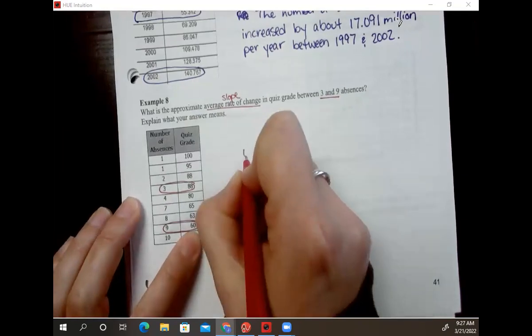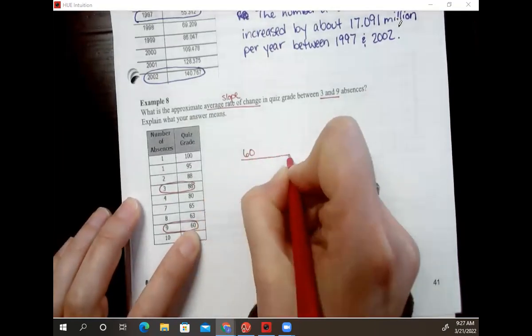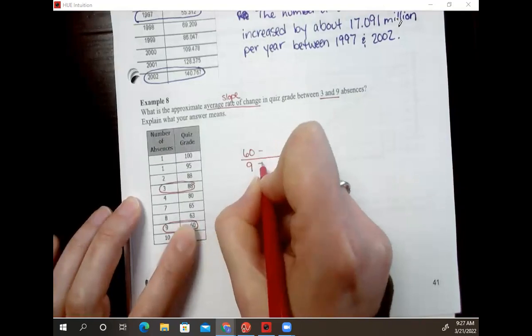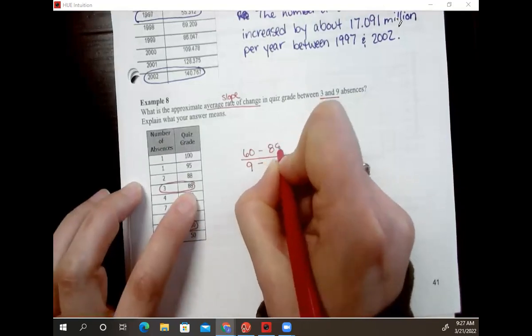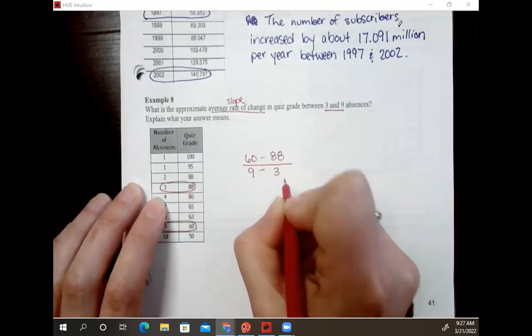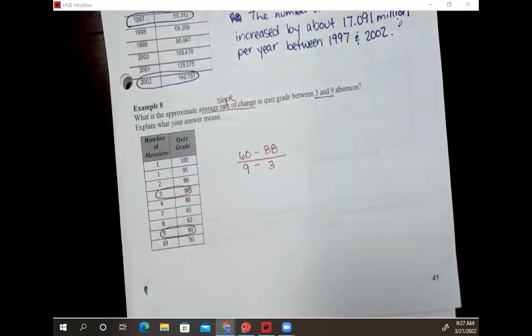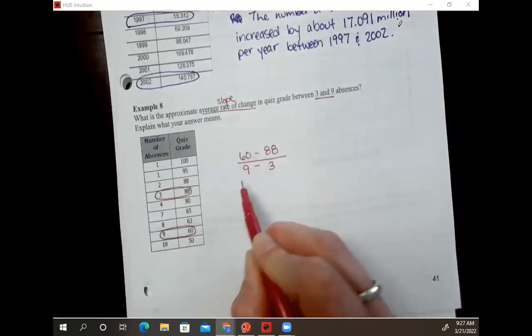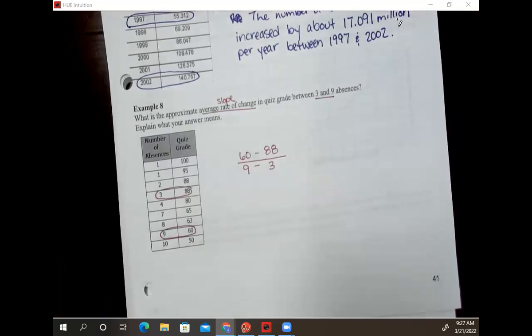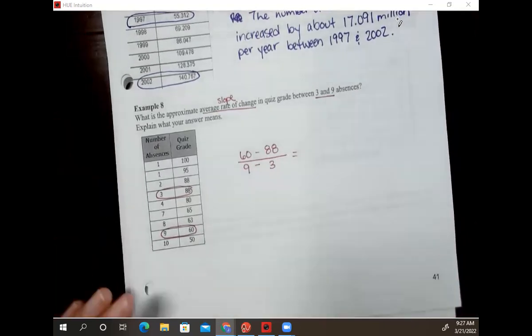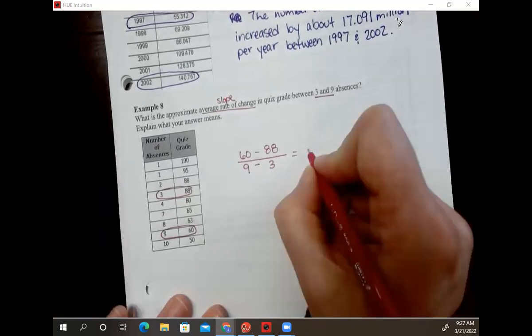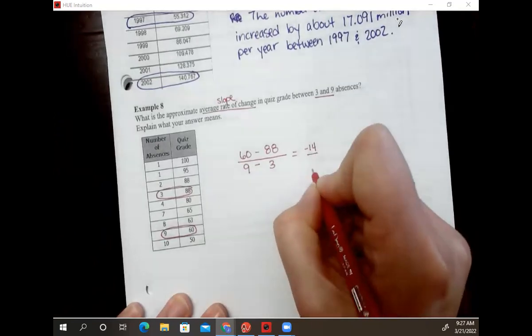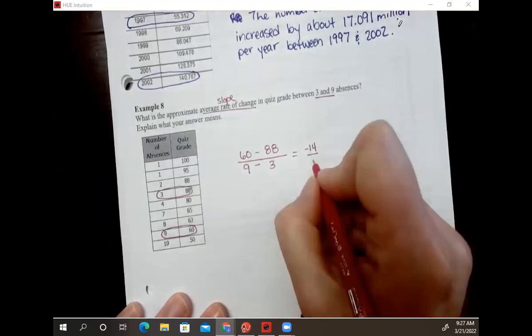So I'm going to do 60 over 9 minus 88 over 3. So I treated these like points. y2 minus y1 over x2 minus x1 for that slope formula. And then when I subtract, we would get negative 14 over 6.